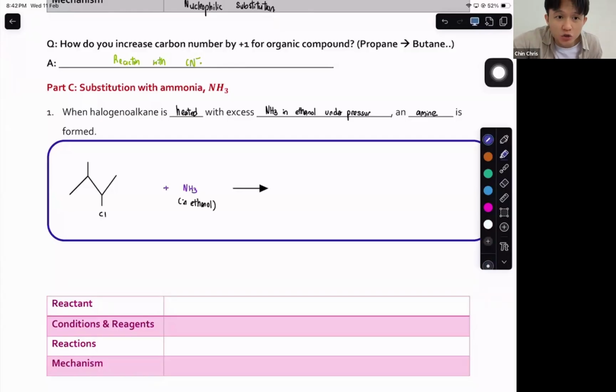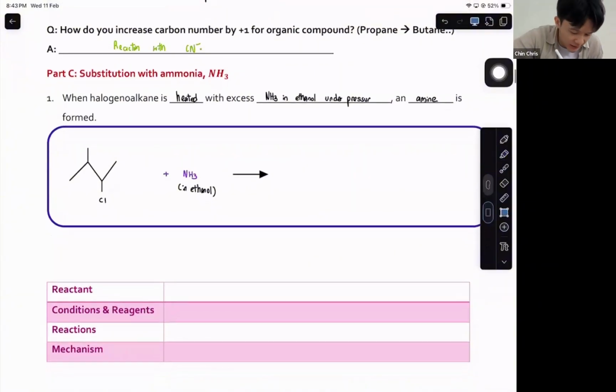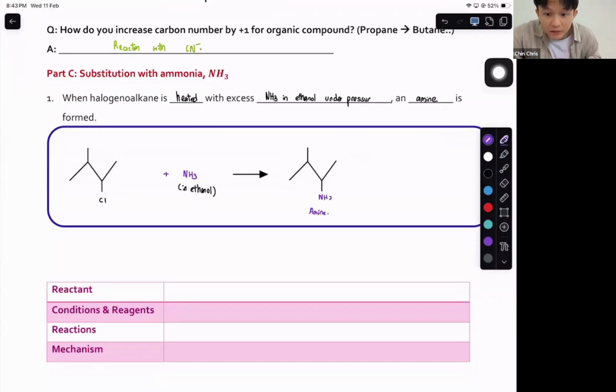The NH3 will substitute into the Cl. Eventually you will get this thingy. You will get an amine, this we call an amine. And HCl is formed.